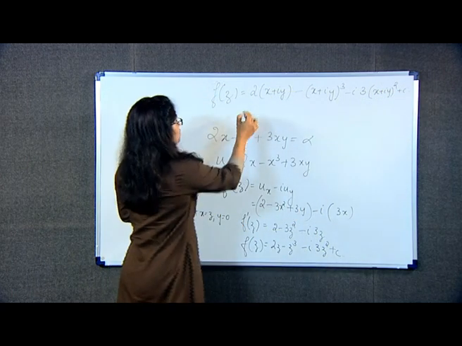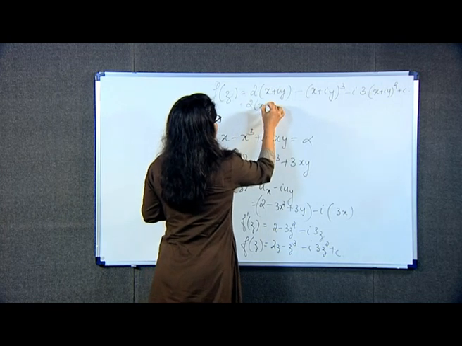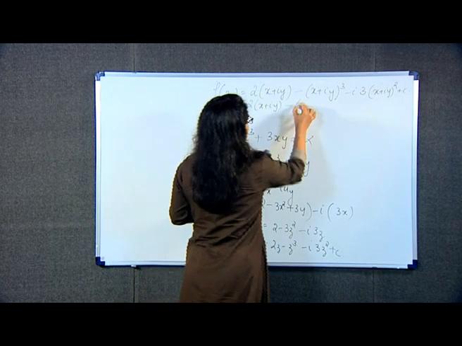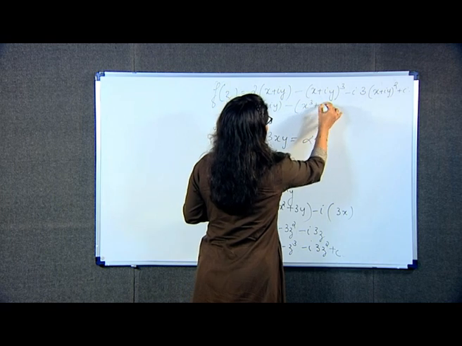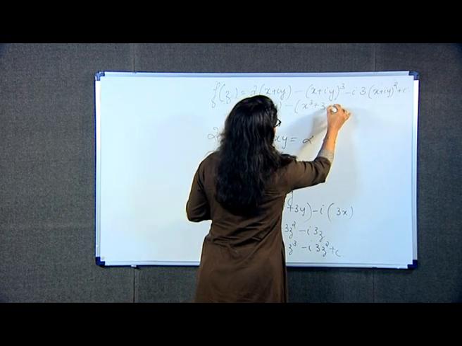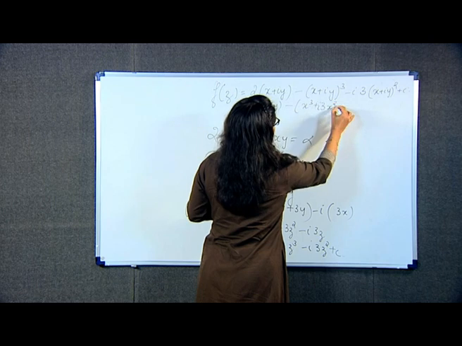So, if I expand this, let me expand this to collect the imaginary part. So, I have x cube plus 3 x square into iy.